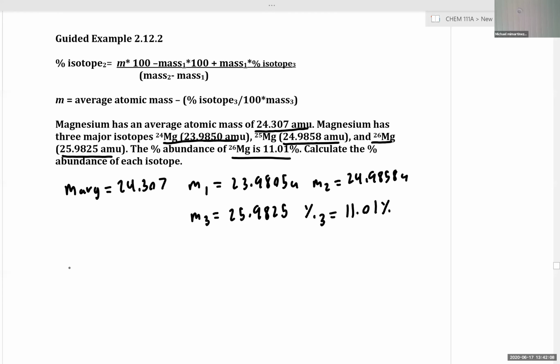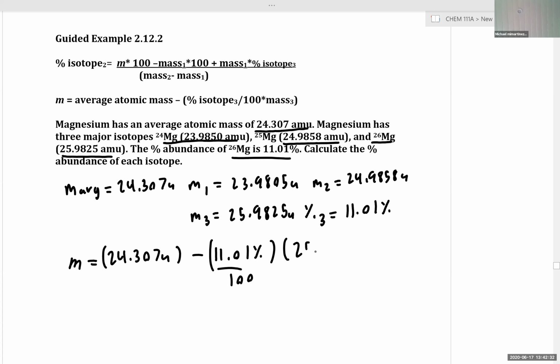So first, we're going to calculate the adjusted mass, which is the average atomic mass, which is 24.307 AMU, minus the percentage of isotope 3, which is 11.01% over 100, times the mass of isotope 3, which is 25.9825 AMU.